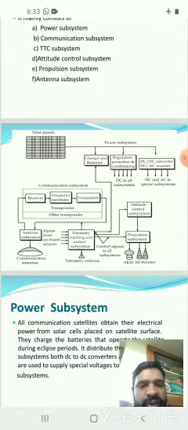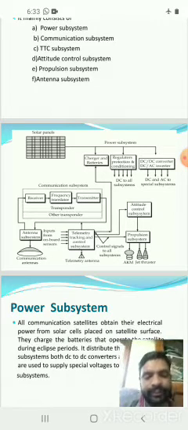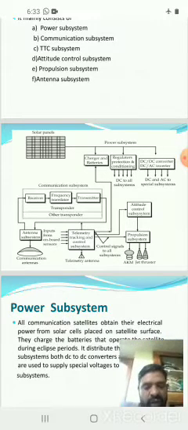The attitude control subsystem and propulsion subsystem are at the right side of the diagram, and the antenna subsystem is on the left side. So these are the blocks which contain the subsystems of communication satellites.